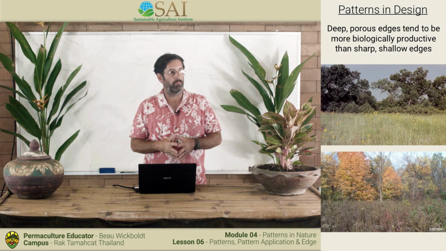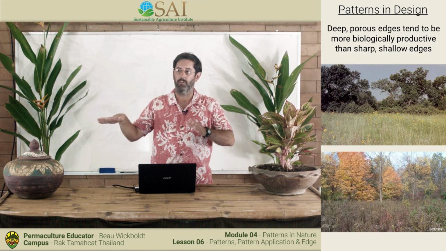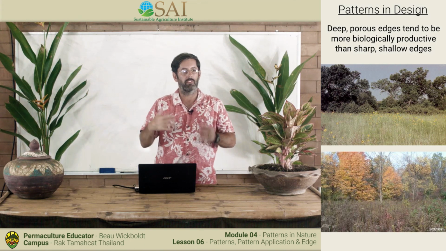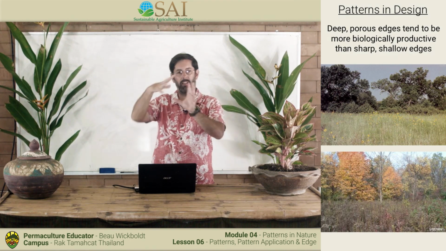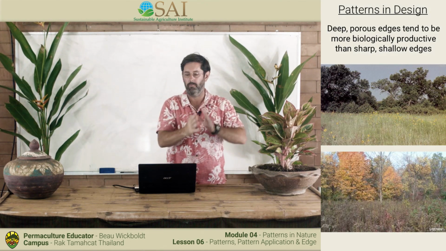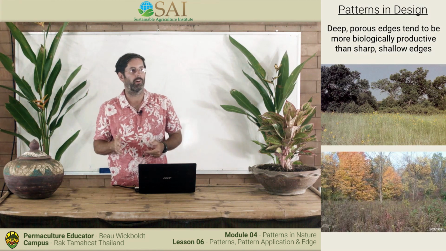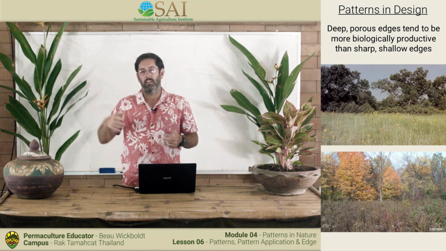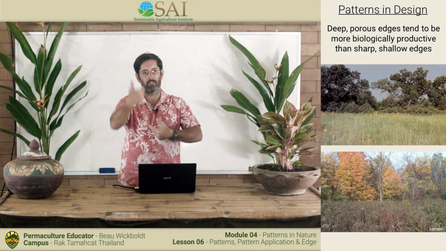When we look at natural pictures or natural landscapes and we start to see edge, like the edge of a field and a forest, what we notice is that edges tend to be very deep or porous. They typically have three-dimensional forms extending into the edge. It's not linear. So they tend to be more biologically productive than sharp or shallow edges. What happens here is the animal systems of each can intervene in that third edge.